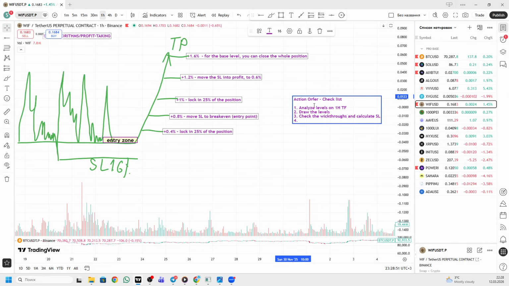What else do we have? What do you have to do after that? Then you choose the entry algorithms. Choose the entry. What are they? What we were talking about today? The first one is 0.4%, and it's manually.